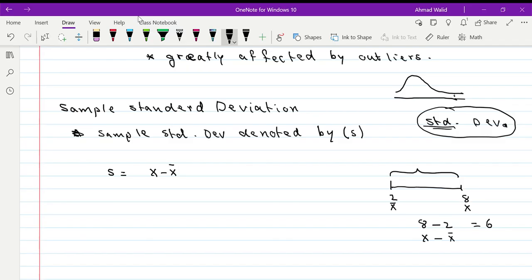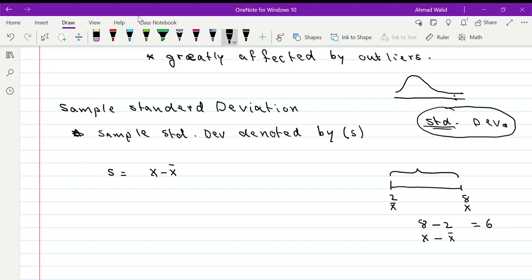Remember, sometimes this mean will be greater than your data value. What happens if your mean is greater than your data value? You end up with a negative number, correct? Because the standard deviation cannot be negative.